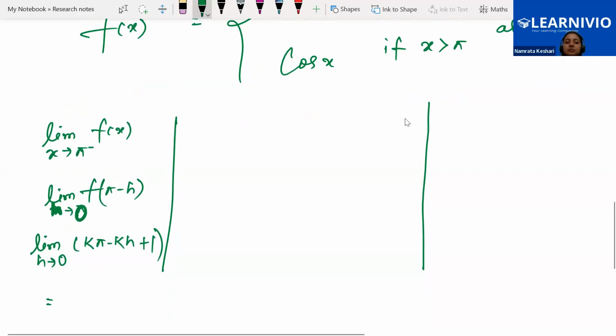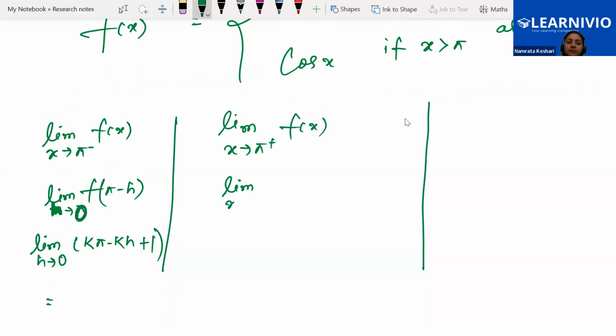When h tends to 0, then what? h is 0. So is it k pi plus 1? Is it so?